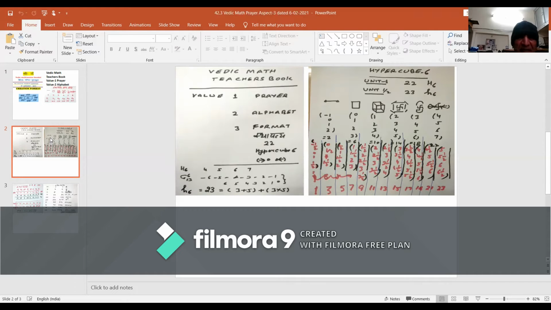We have been through value 1, Vedic mathematics prayer, which is of 5 folds: Om, Gayatri, Saraswati, Maheshwar, and Ganit. These are the 5 folds. The alphabet as well is a compactified form which unfolds itself. Uppermost fold of alphabet is letters alphabet, Devanagari.